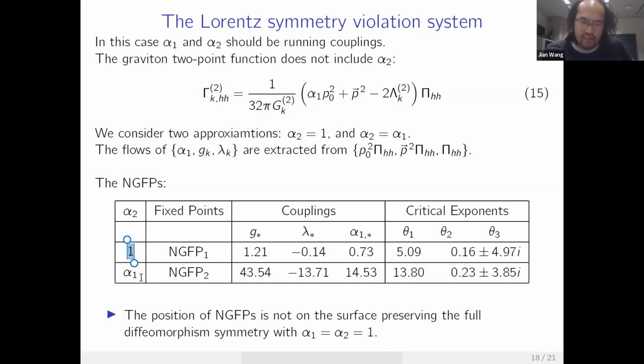But for the case where alpha 2 is identified with alpha 1, we found that this fixed point is shifted away from this hypersurface. So that means here the Lorentz symmetry breaking effect may play a very important role, or may have a very strong impact on the system.